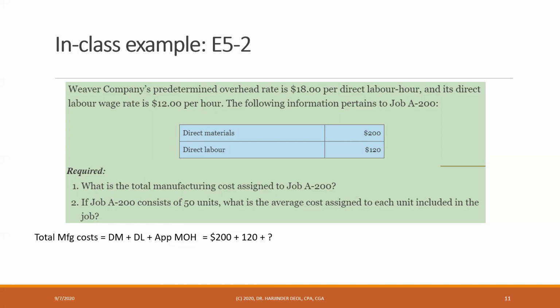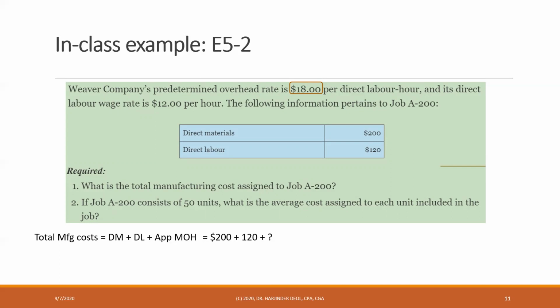We are told that the company's predetermined overhead rate is $18 for each direct labor hour. So the applied manufacturing overhead would be $18 multiplied by the number of direct labor hours. Now, unfortunately, the number of direct labor hours is not given to us.